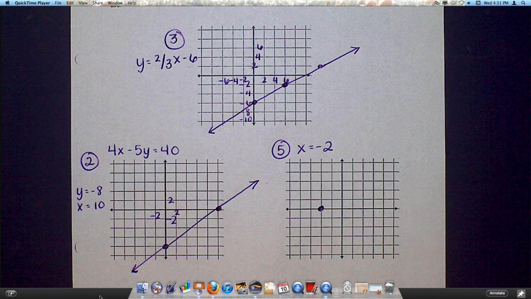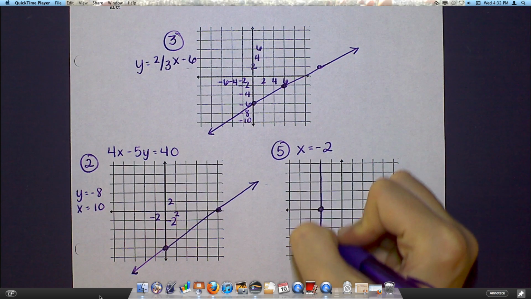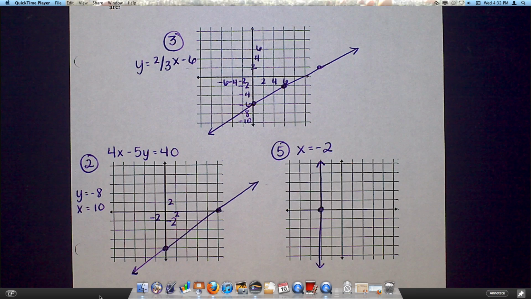If I want to go through that point, it doesn't really make sense to go right along this axis. Okay? In fact, I'll probably never give you one where you're graphing right along the axis. It's possible, but when you see this point, I want this to scream out at you that we should be making a vertical line through this point. Okay, so x equals -2 would look like that.